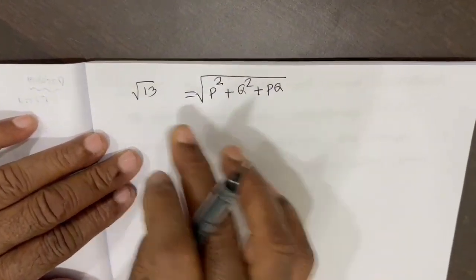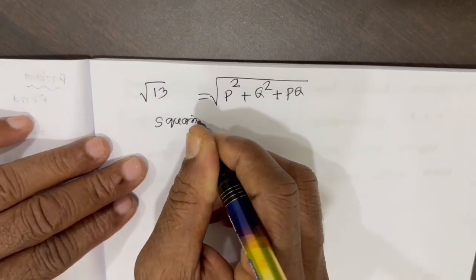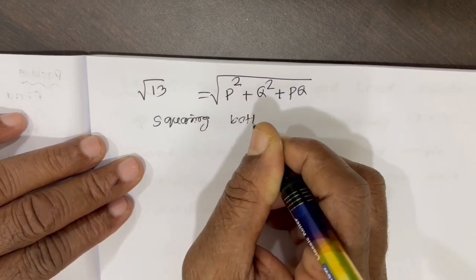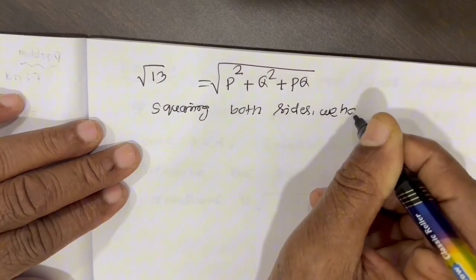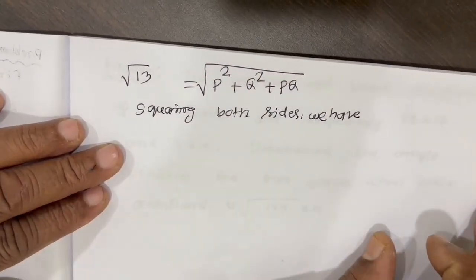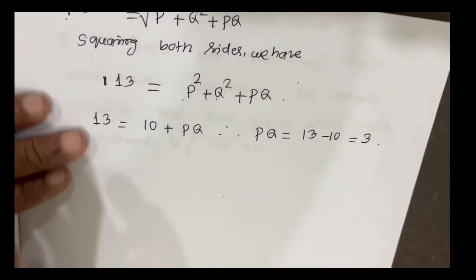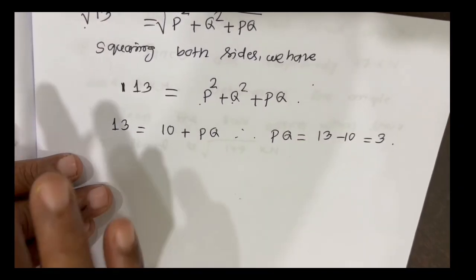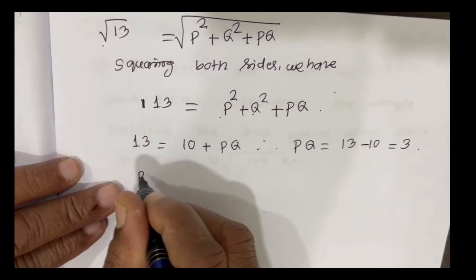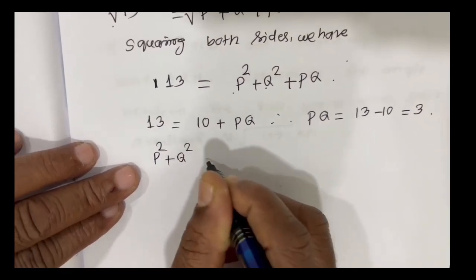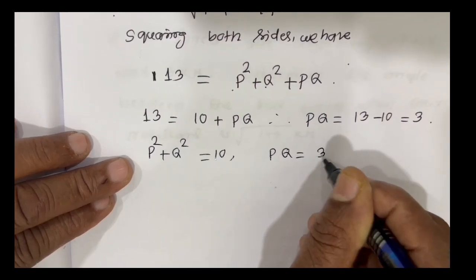Therefore, squaring both sides, we have P square plus Q square is equal to 10, PQ is equal to 3.